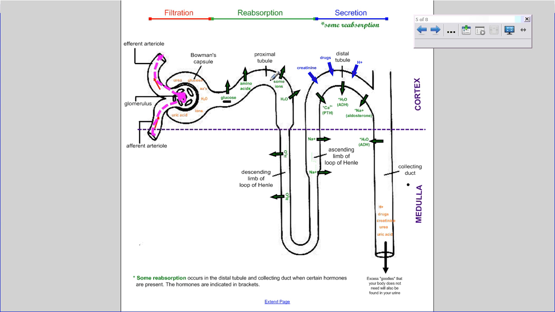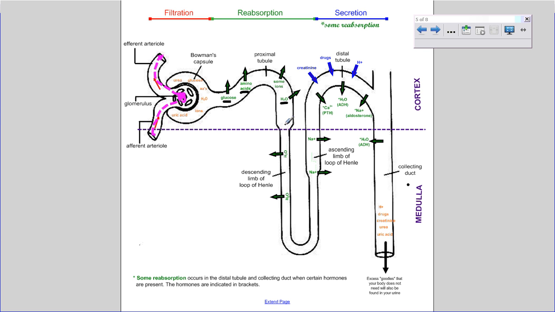So the threshold level for any substance is a level that helps to maintain homeostasis, or normal level, in the body. Okay, so glucose will be reabsorbed, amino acids will be reabsorbed, some ions will be reabsorbed, and a bit of water will be reabsorbed from the proximal tubule.